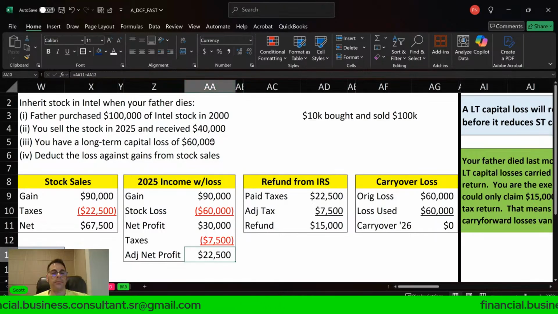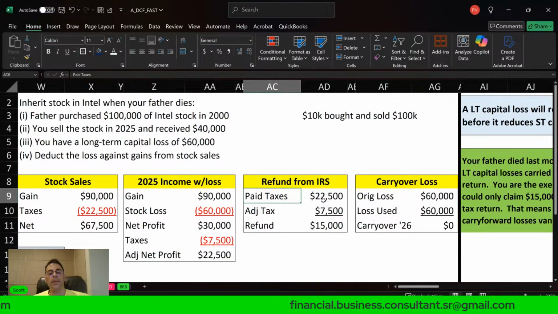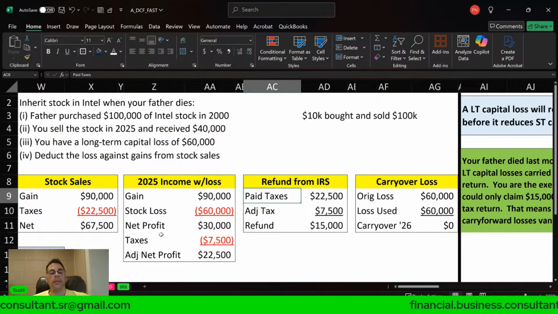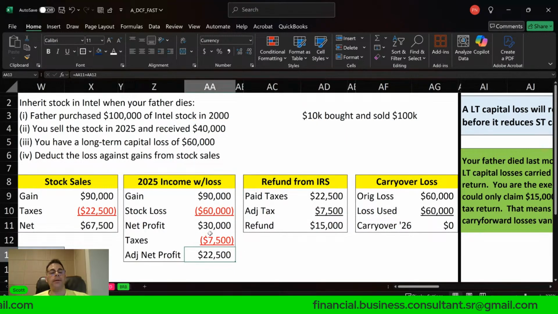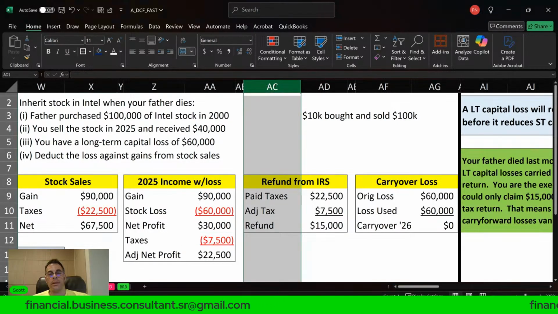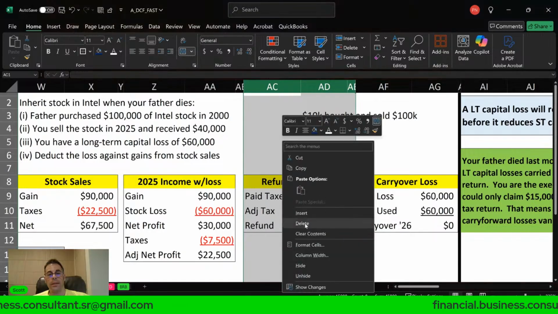And in this case, you wouldn't actually get a refund from the IRS because you were not paying taxes throughout the year. So you just have to pay the IRS $7,500 instead of $22,500. So I guess let me remove that. That's kind of confusing.